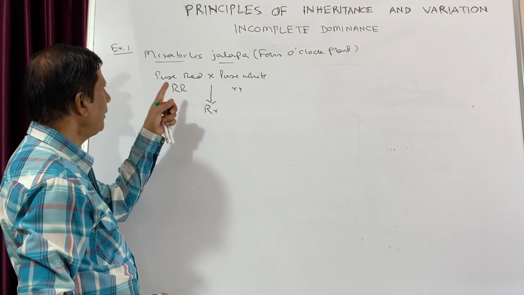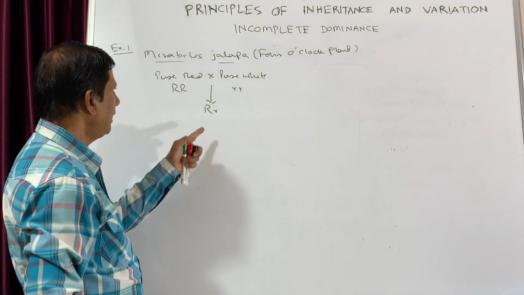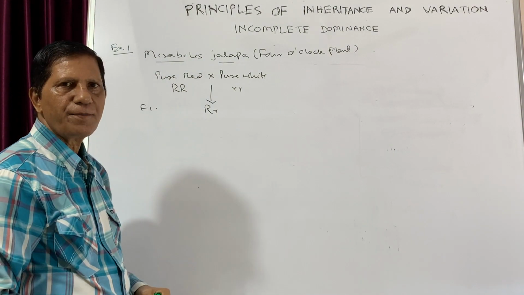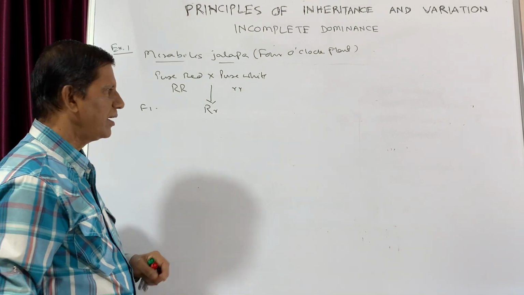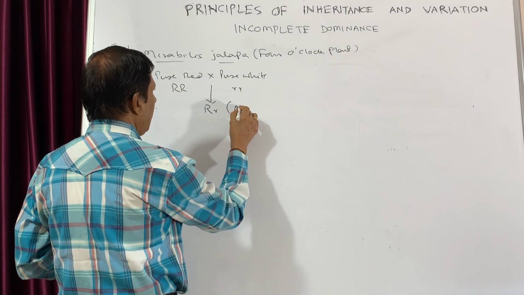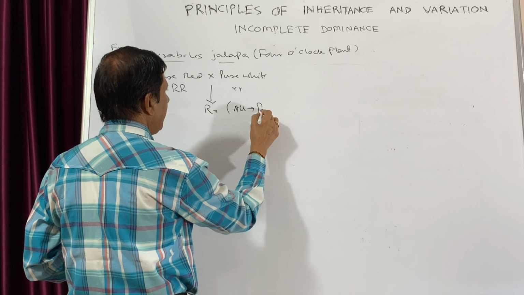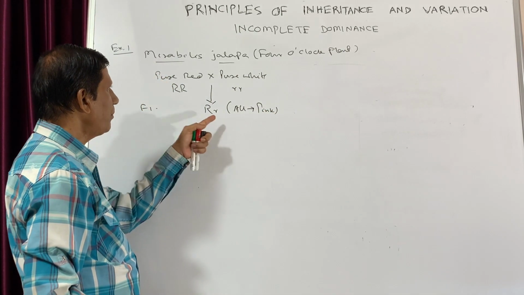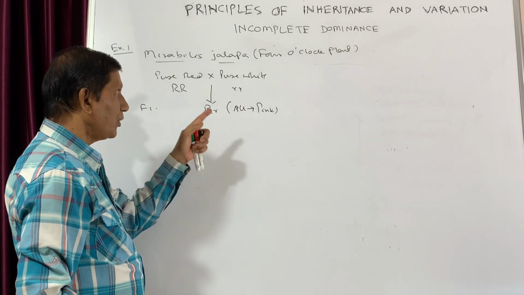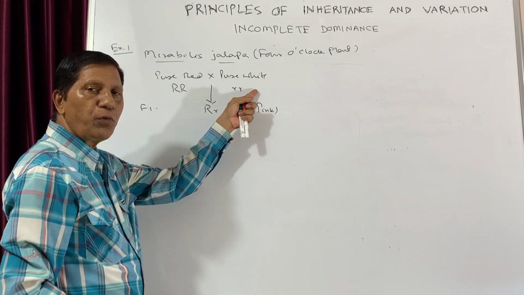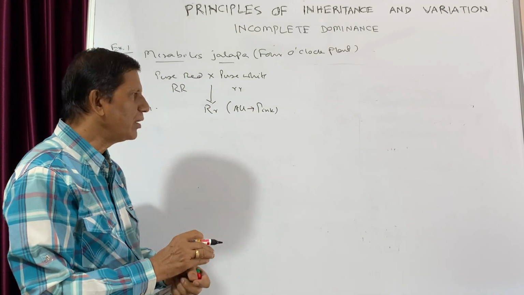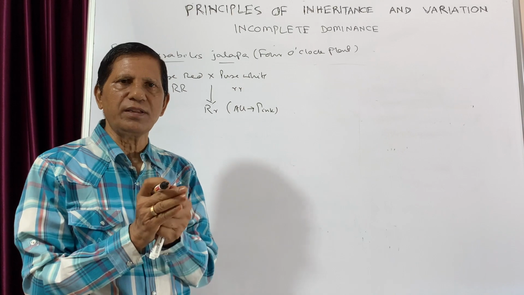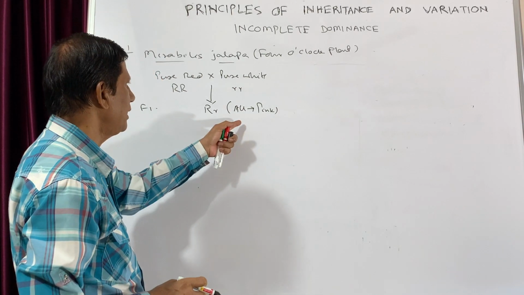If it had been Mendel's cross, then this F1 hybrid would have been pure red, but not here. Here, all F1 hybrids were pink. That means the red was not completely dominant over white, nor is the pure white completely recessive to the red. Both the characters blended together, and an intermediate character came, that is pink.